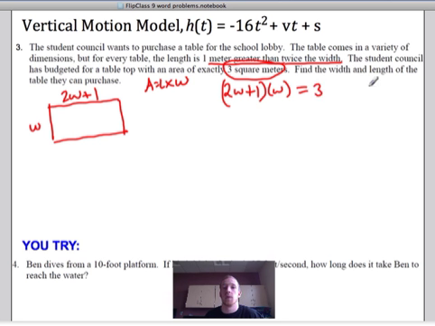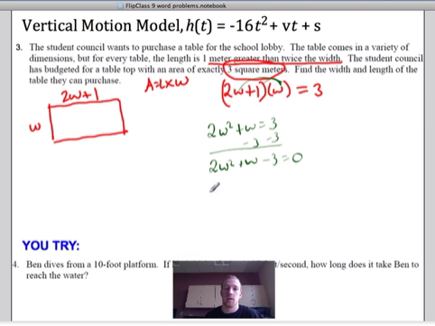So now we're going to follow our 5 steps. We're going to set everything equal to 0, so we're going to distribute this and then set it equal to 0. So I distribute the w and I get 2w squared plus w equals 3. I have to subtract the 3 to get it equal to 0, and I have 2w squared plus w minus 3 equals 0. Alright, so now we have one of the problems that we just learned to solve a few days ago.